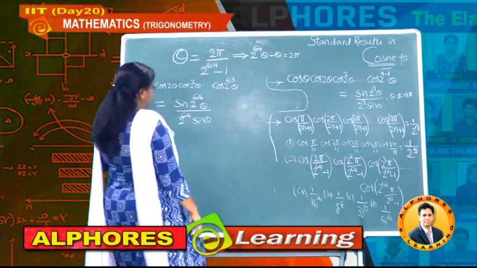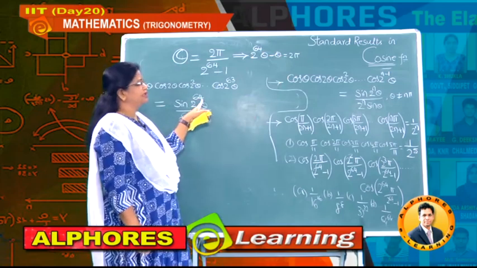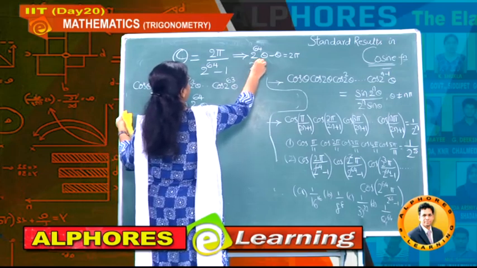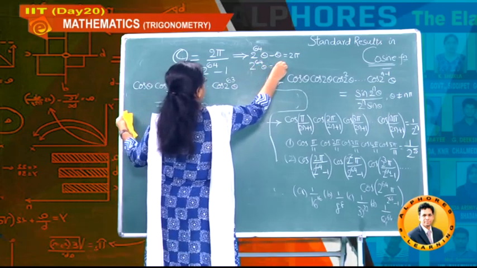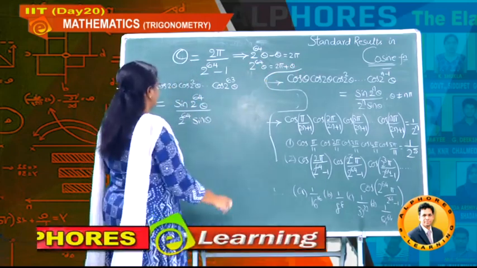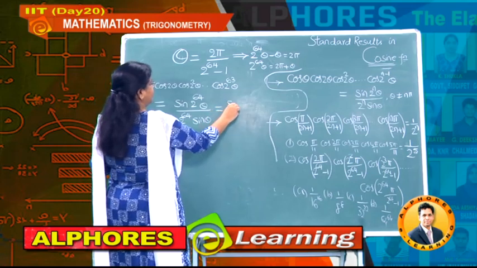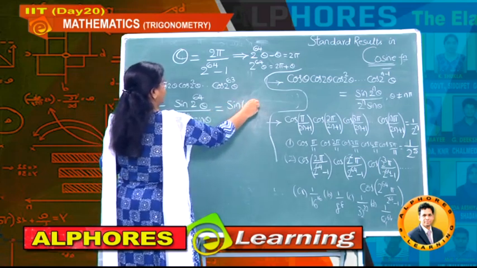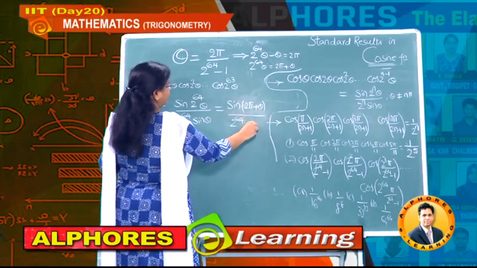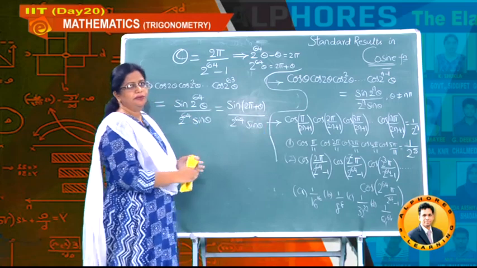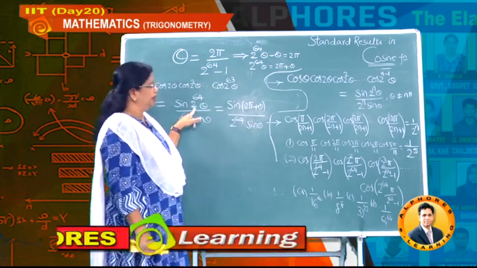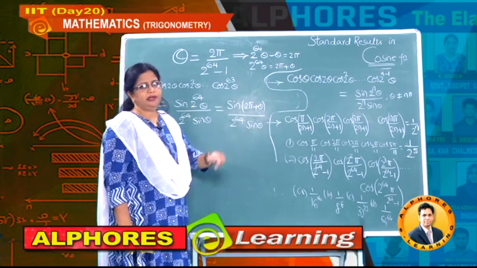Now what I want to do is write 2 power 64 into theta as simply 2 pi plus theta. You have to make an observation like this, so that the problem will be very simple. And therefore this is nothing but sin of 2 pi plus theta whole divided by 2 to the power of 64 into sin theta. Understand students?